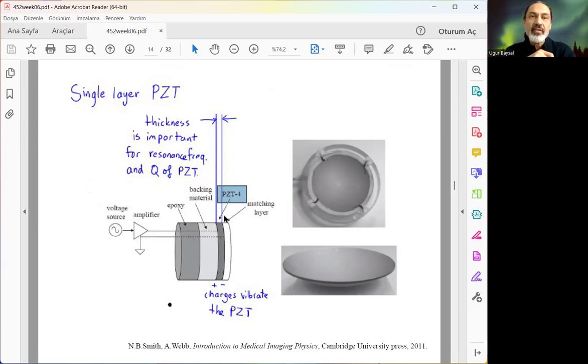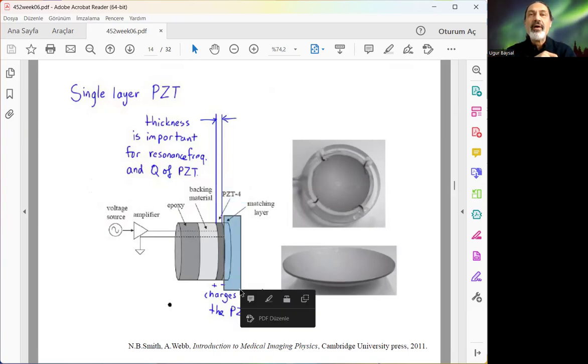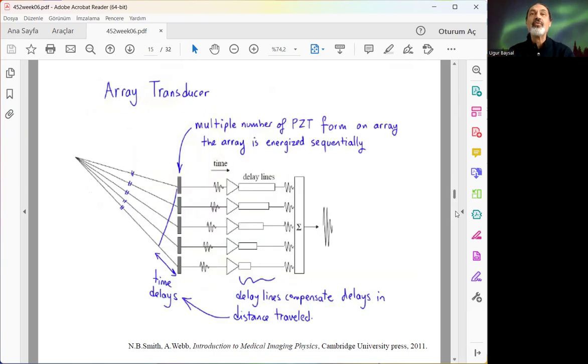And the other parts are protective layers against outside effects, so that you can clean and sterilize these things. You must not damage that PZT4, so they are used for covering and protecting it from mechanical stress. And you can have circular or convex or other geometrical shapes for a good ultrasonic energy transmission or propagation pattern.